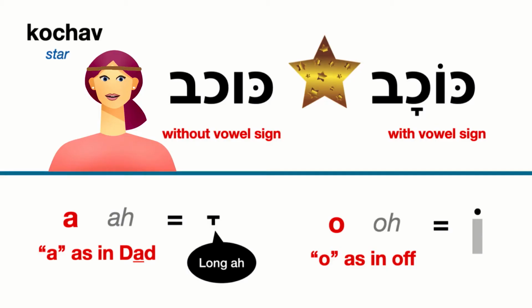Kochav is formed by the letters Kaf, Vav, Chaf, and Vet. Note that this letter Vav has a nikud sign for the vowel o, and this letter Chaf has the nikud sign for a long vowel a. So we say Kochav.